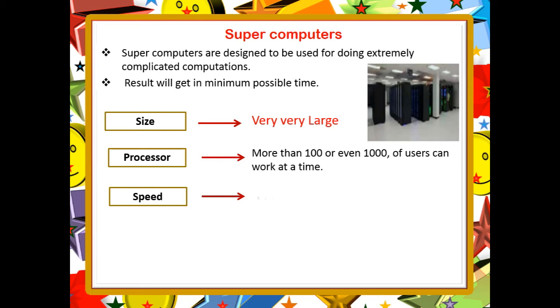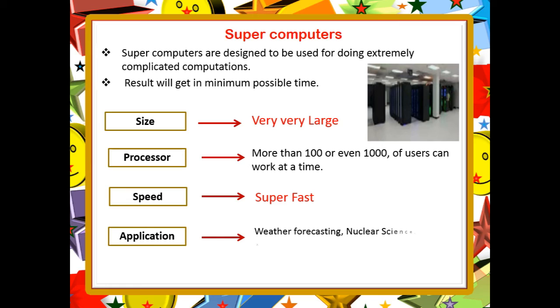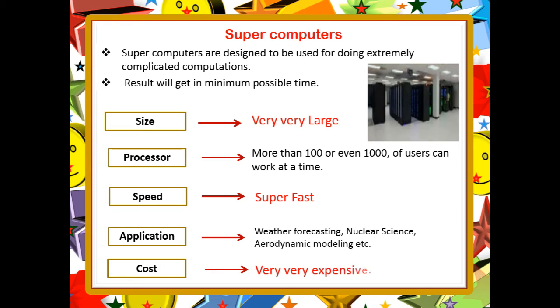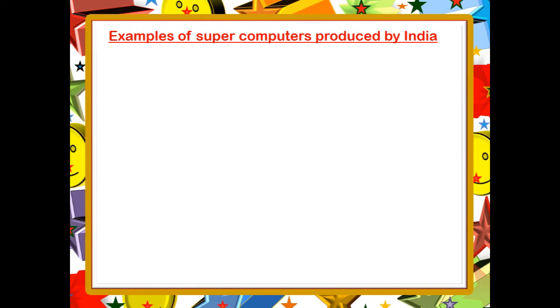Its speed is super fast. The applications where we use supercomputers are in weather forecasting, nuclear science, aerodynamic modeling, etc. And its cost is very expensive as compared to the other computers.